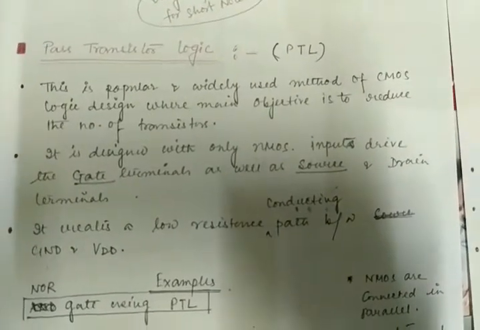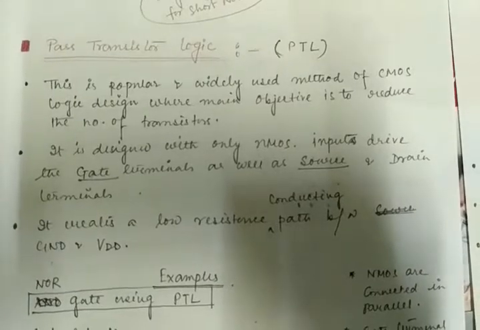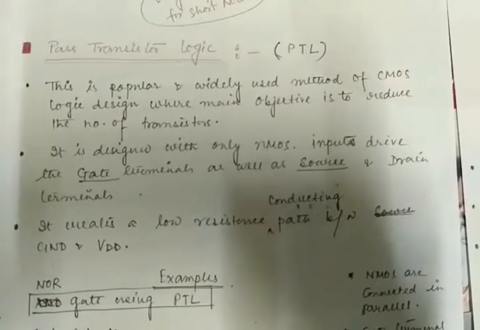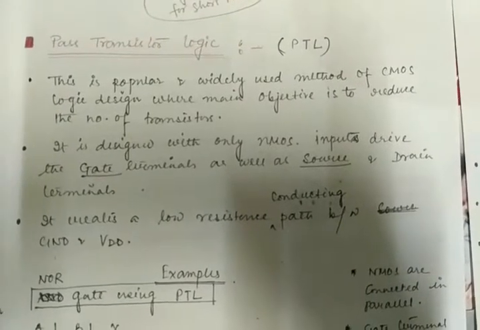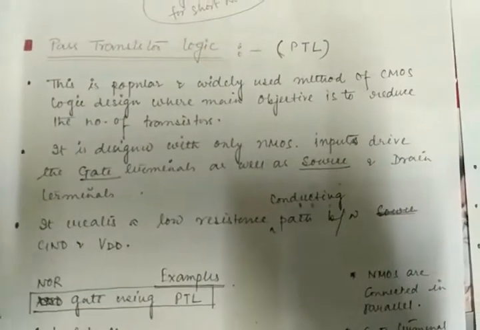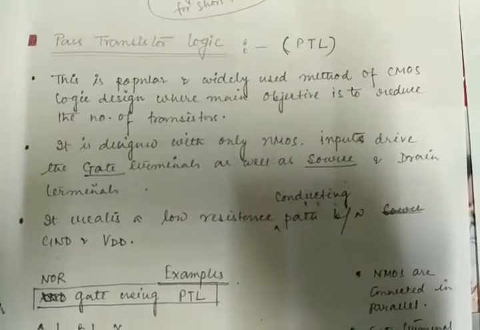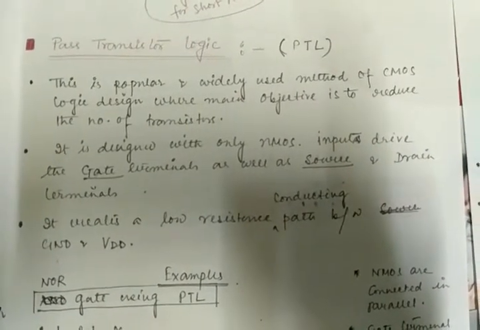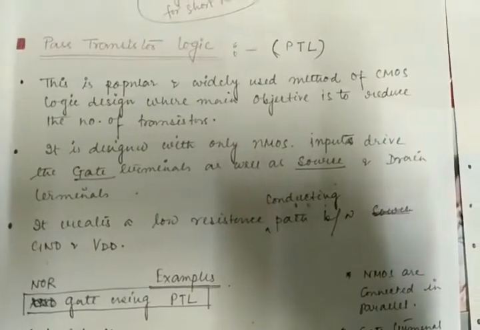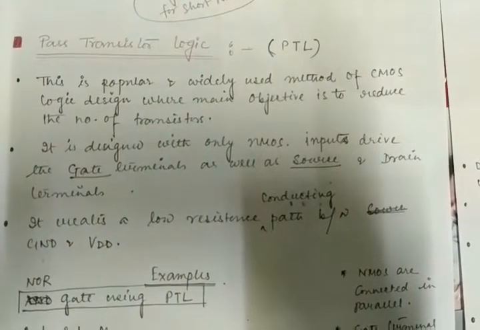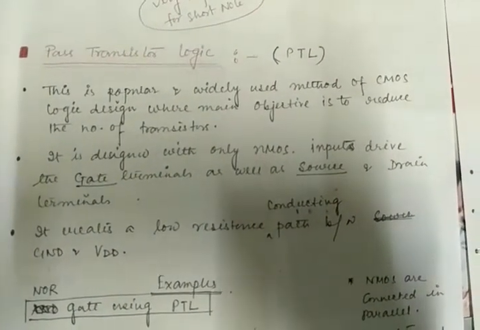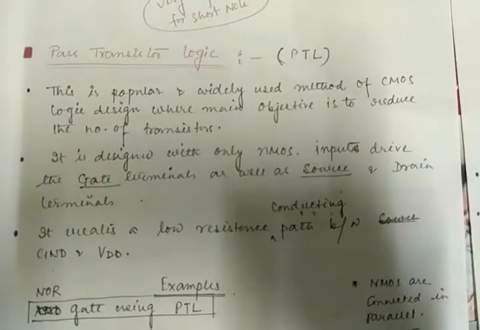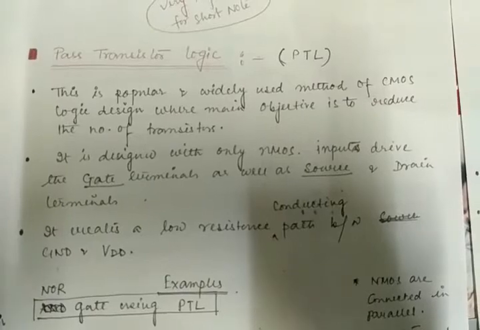In order to control the gate terminals, we have to derive the controlling parameter from the truth table. And how is it possible? Yes, by reducing the truth table. You have to design the controlling parameter of your own, and then drive the circuit according to the logic, according to the truth table. It will simply create a low resistance conducting path between the input and the output, nothing else.